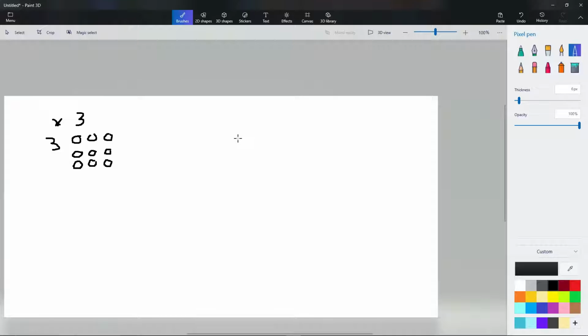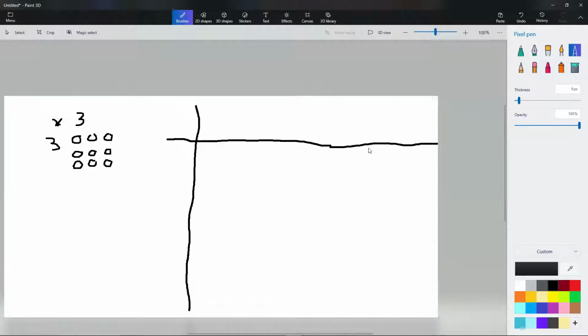So what I mean by that is like a number grid here. We're going to have a little grid. You could probably do this in a quick Google search, where it shows you in a row what the values will be. 1 times 1 will be 1. 2 times 1 will be 2.